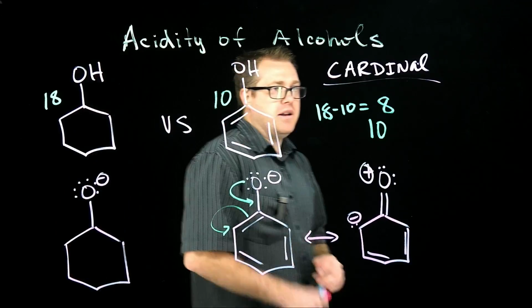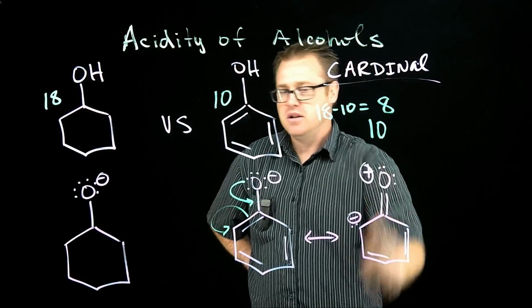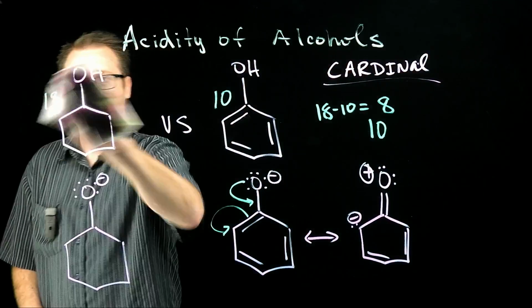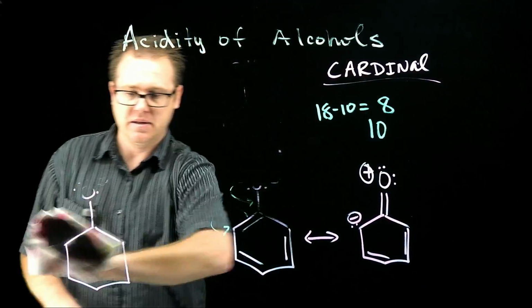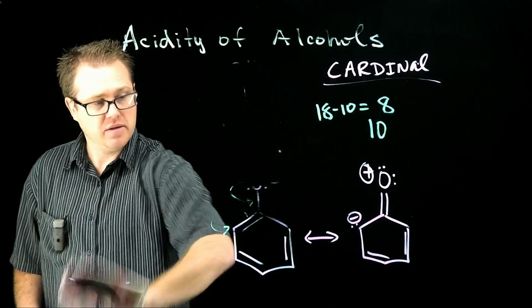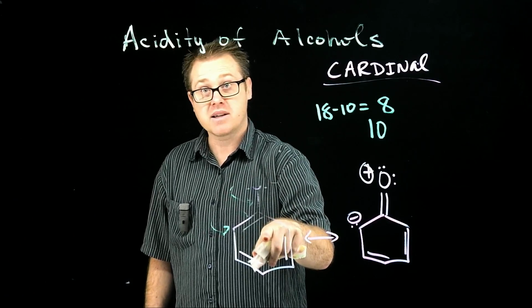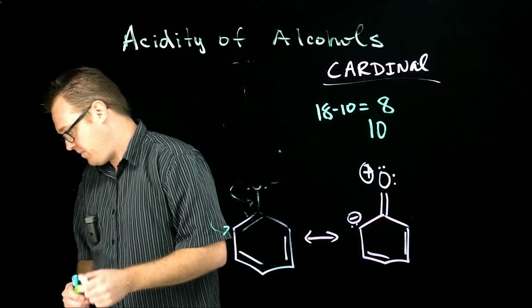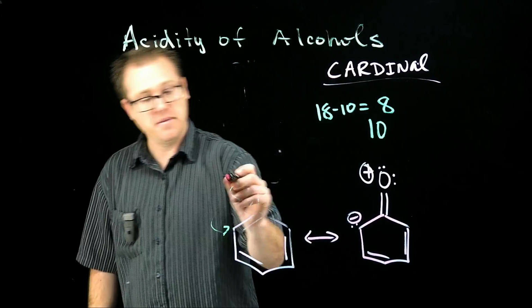What's another one? I stands for induction. So we could have some examples here of alcohols that are more acidic based off of that. Oh, before I go, the negatively charged alkoxide version of phenol has a special name, and we can call that phenoxide.